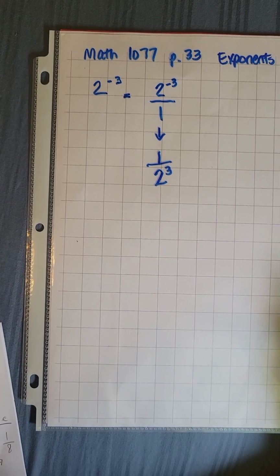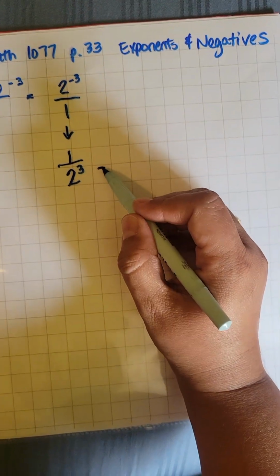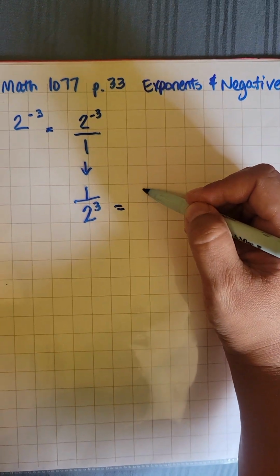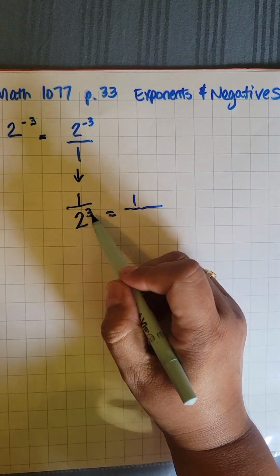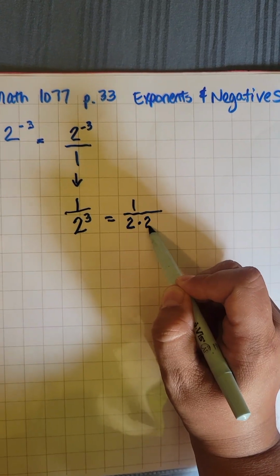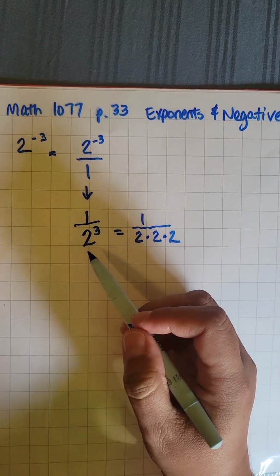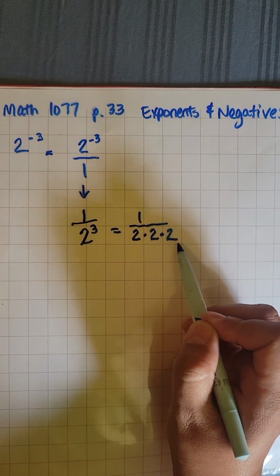And then from there, we go ahead and start working the problem. So it's still 1 on the top. And then 2 to the third power is 2 times 2 times 2. Three times. Whatever number is there, that's how many times you're going to be multiplying it.